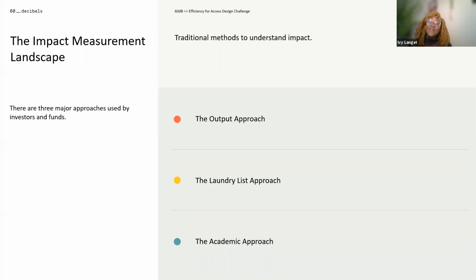However, they are very expensive and they also take years to complete. It could take up to 5 years. So for a very new social enterprise that requires that data to make changes, waiting for 5 years may not be the best approach. So this is where 60 decibels comes in.